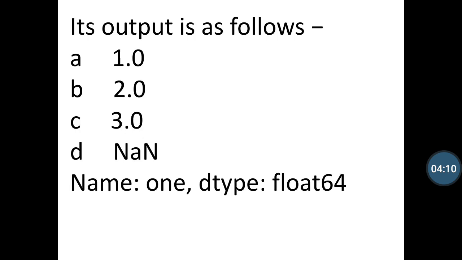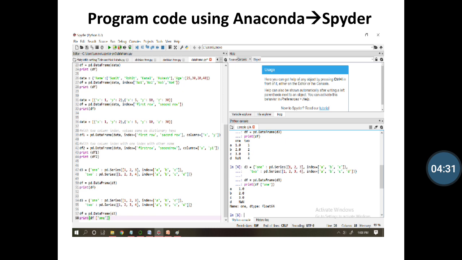After executing the above code, the output is as follows. The first column is displayed in your output, because in the print statement you only call one column, so its values are displayed here, and the data type is float64. For your convenience, I am showing a slideshow here for running the above code.